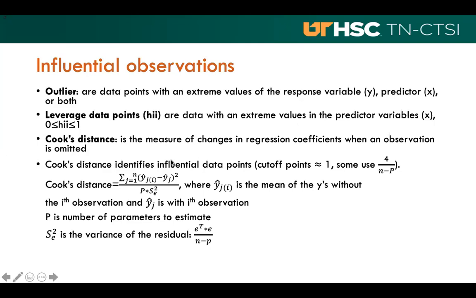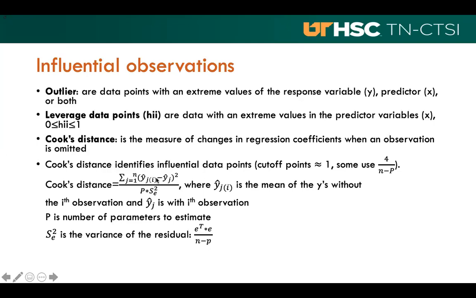Actually, the Cook's distance is the change in the predicted value of the Y or the outcome variable when the given observation is omitted.